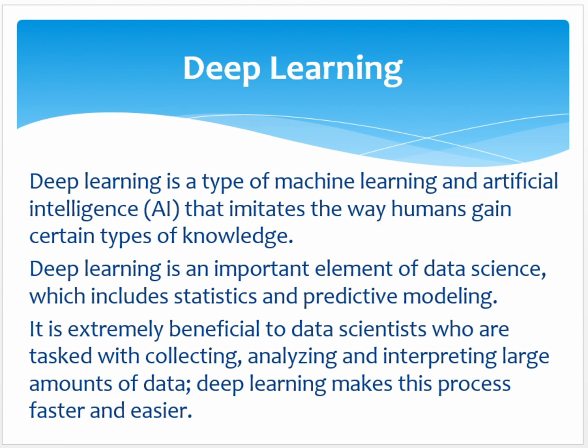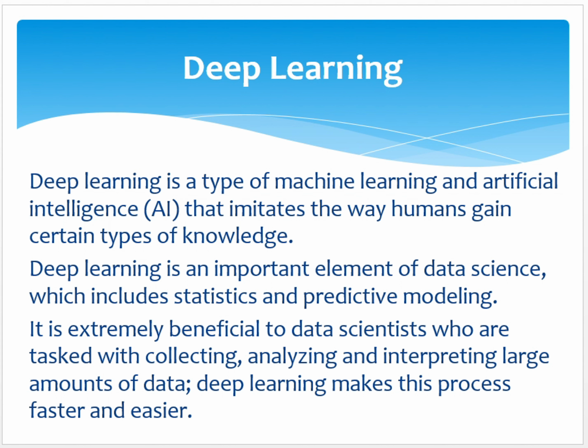Then we have deep learning. Deep learning is under machine learning and artificial intelligence that imitates how humans gain knowledge. It imitates how the human understands with time. It's an element in data science which gives statistics and predictive modeling.